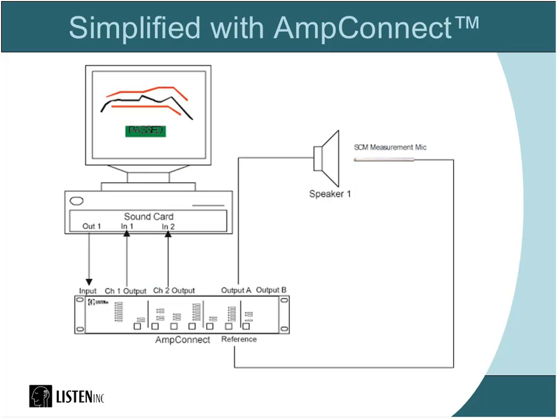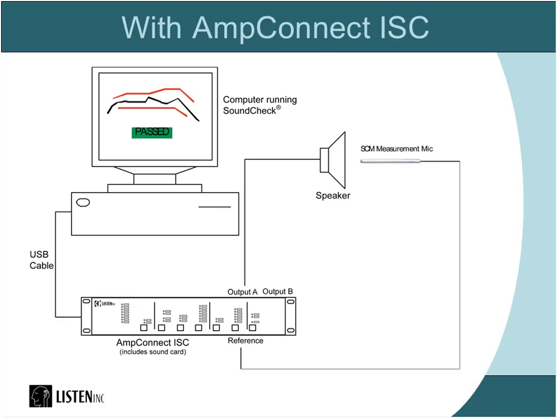Now if we go to the new AmpConnect ISC version, it gets even simpler, because instead of 3 cables going to the sound card, we have one USB connection that goes to the computer, one connection to the speaker, one to the microphone. 3 cables, and you're done. This is great, especially for the production environment where you want to keep things as clean and easy as possible, with as few cables to go bad as possible.